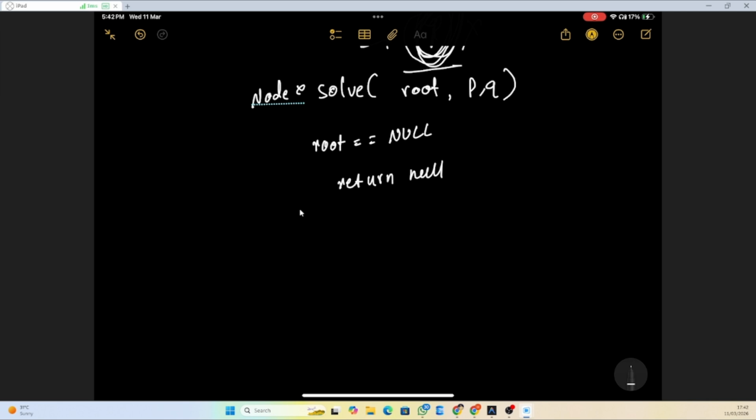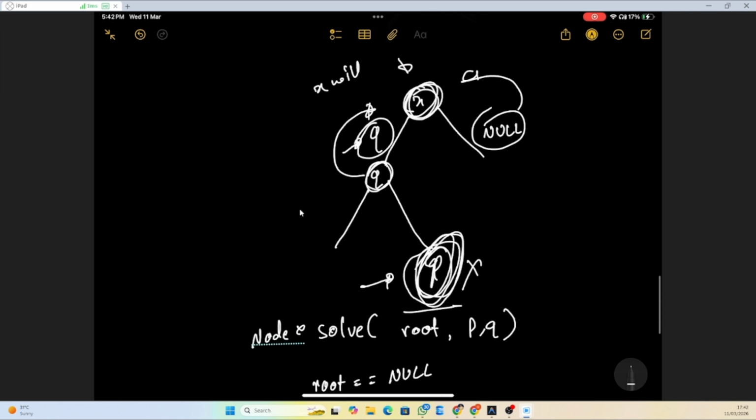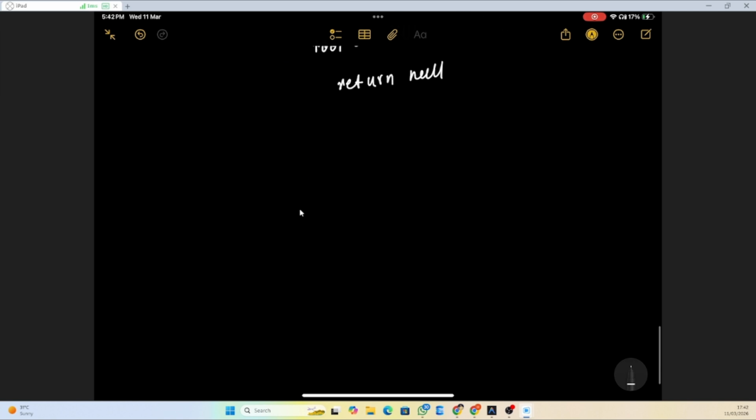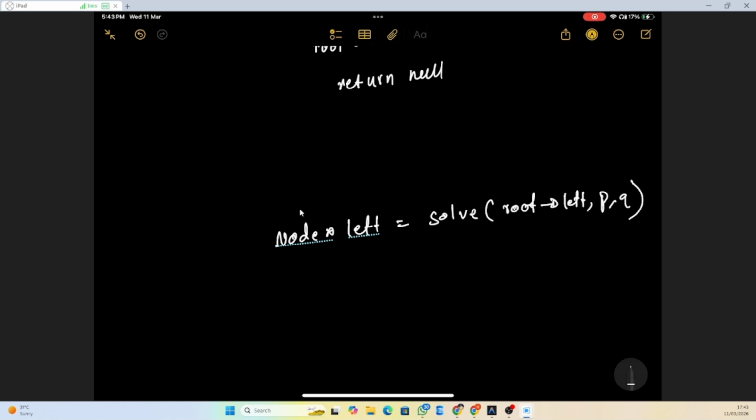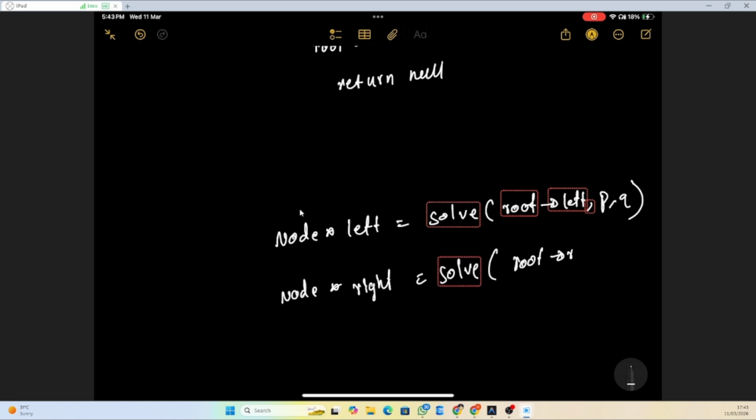You are at root. Node star left equals solve on the left with P, Q, and node star right equals solve on the right.